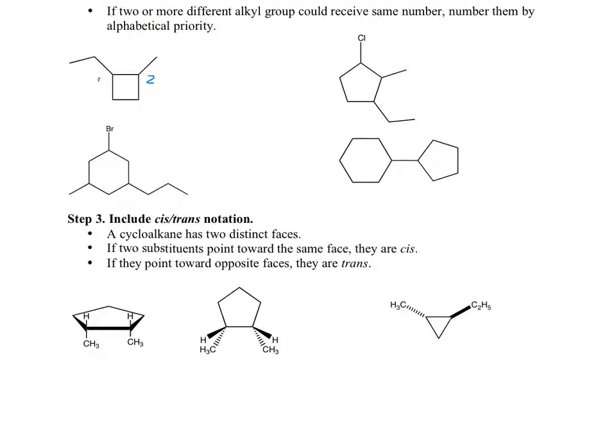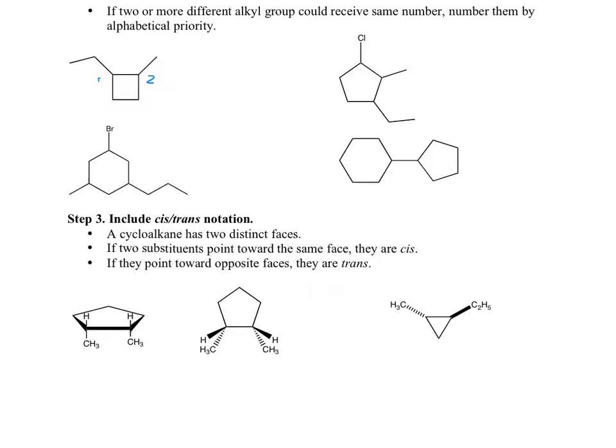When you have a ring system, the substituents on the ring system may occupy either face of the ring. Under that circumstance, you will have to identify where the substituents are.